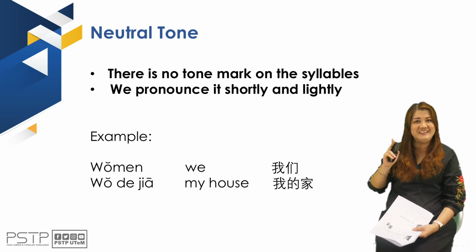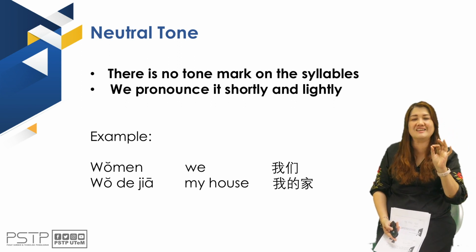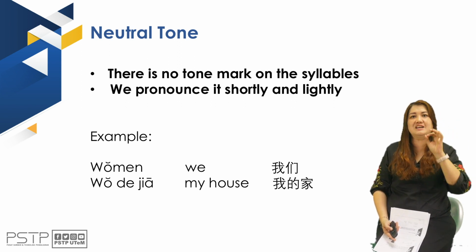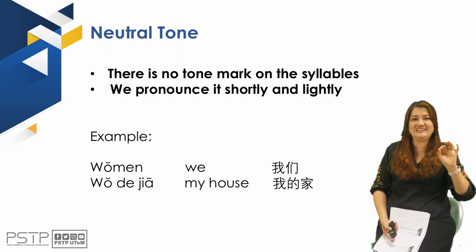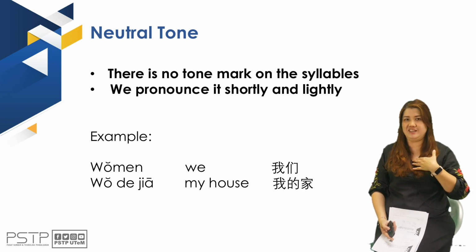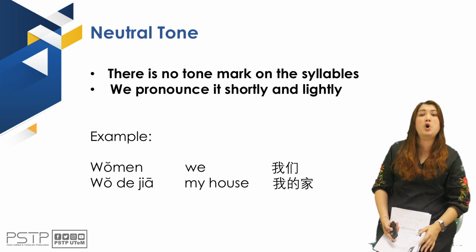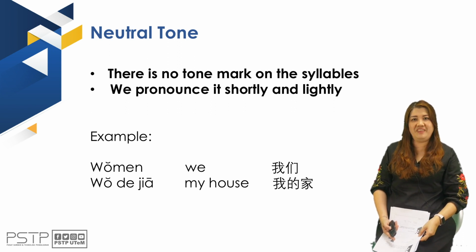And secondly, when you pronounce the neutral tone, you have to make sure you pronounce it softly, shortly, lightly. For example, we pronounce 我们.